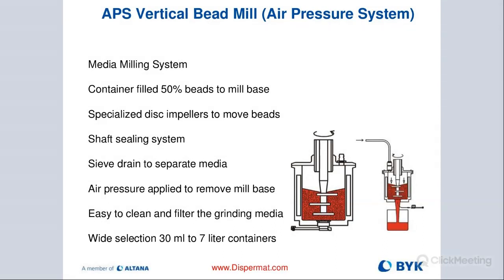And you can add 50% of material and 50% of beads, so you have 100% bead loading with respect to your mill base, and that's a very, very high bead loading, very good milling efficiency, able to go down to nano range, very narrow particle size distribution. The only issue is if you want to make more than, let's say, 30 liters, it gets difficult because of handling, because you need so many beads.